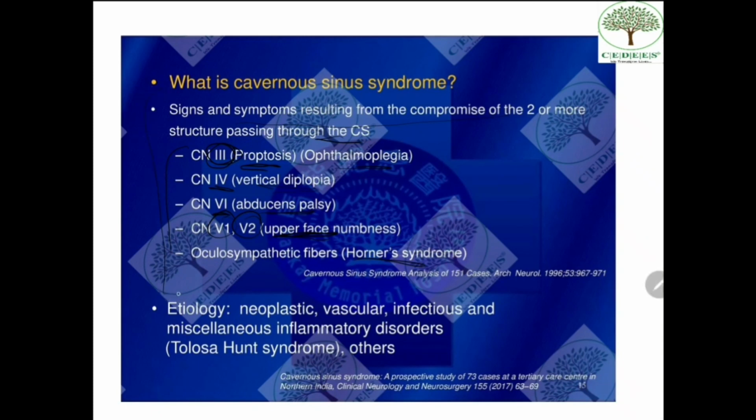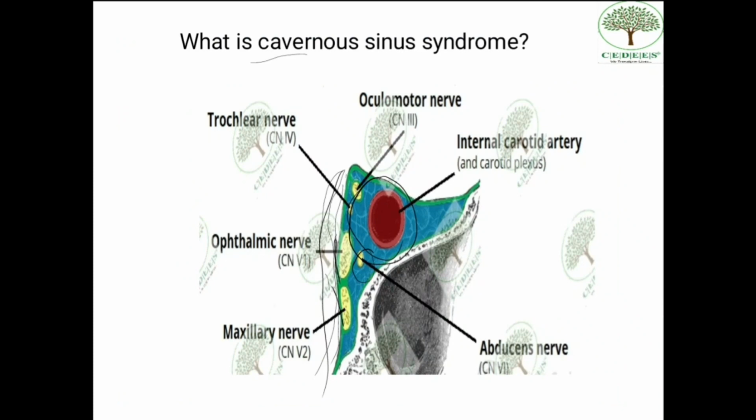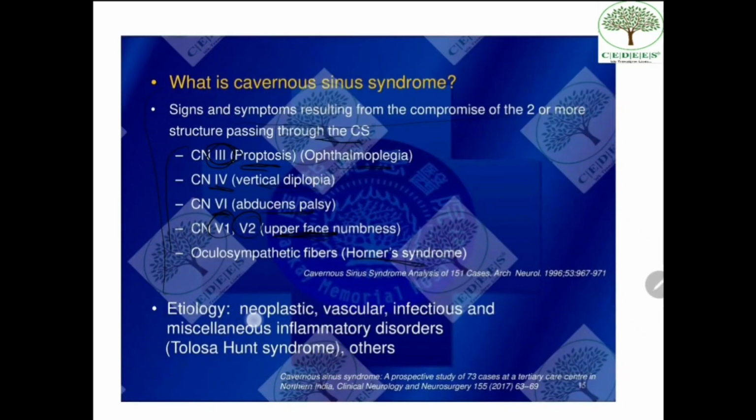So basically any two or more structures of the cavernous sinus, if they are involved due to any etiology like neoplastic, like cancerous, or vascular, infections, or any inflammation due to any reason, if there are signs and symptoms related to involvement of two or more structures, then it will be called the cavernous sinus syndrome.